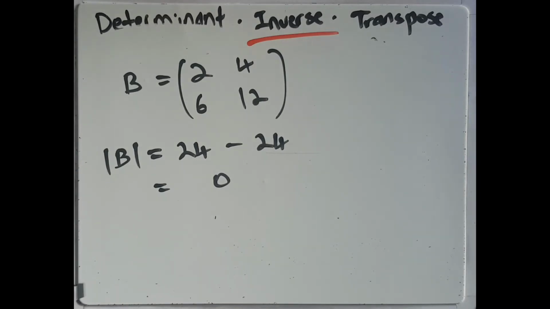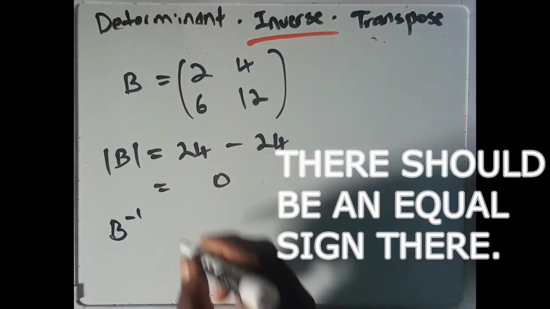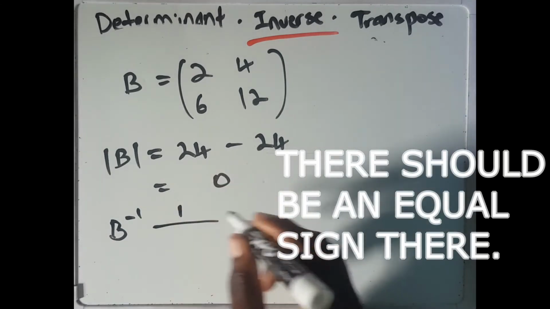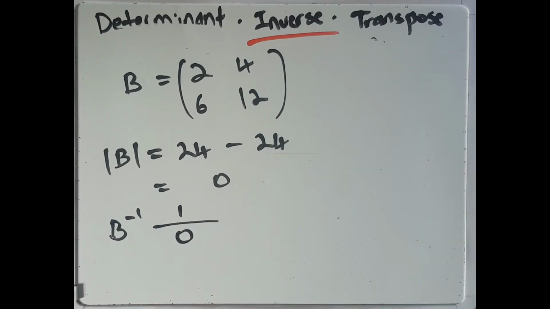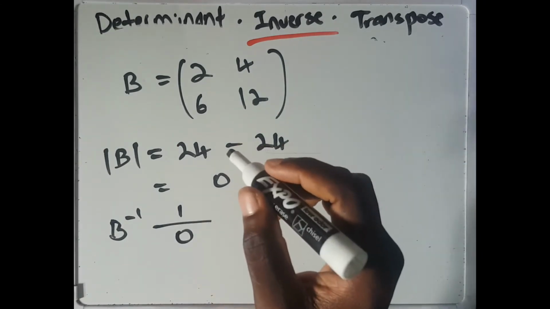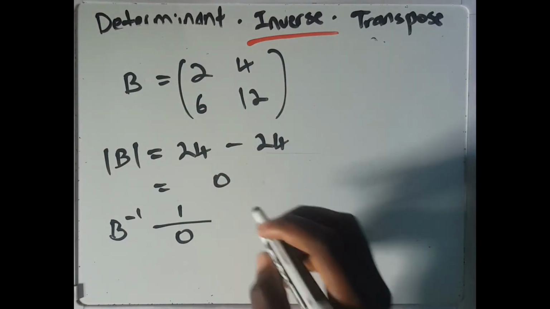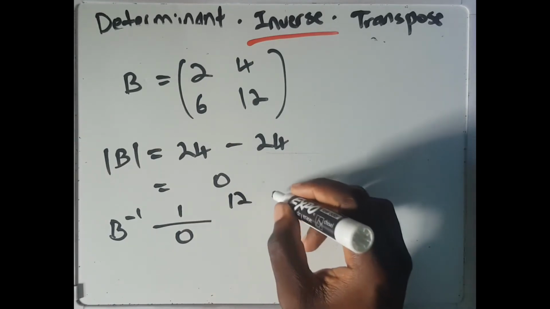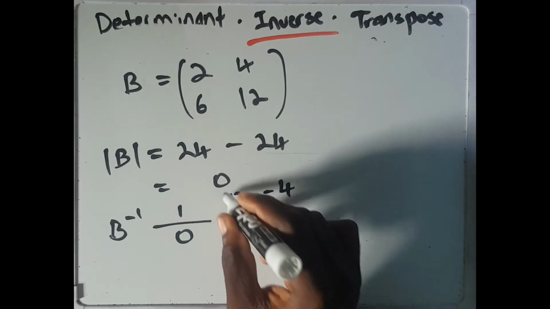But let's show that. So remember that the inverse of B is this: B raised to the negative 1 and 1 over the determinant. In this case, the determinant is 0. And I'm multiplying it now by this, but I will switch my A and D. So 2 will be here, 12 will be there, and I will negate the 4 and the 6.